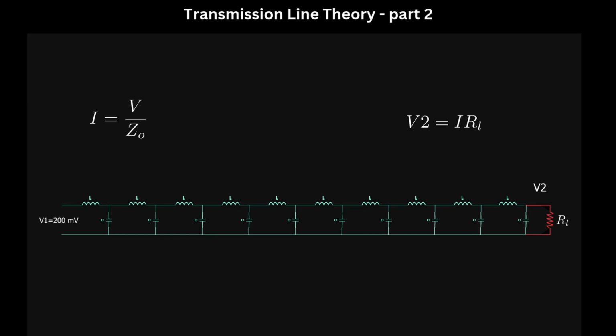Starting from the nearest LC segment to the output load, the current in the inductors and the voltage across the capacitors start settling to I2 and V2, tweaking themselves to that of the load. And this keeps on happening back to all the sections till reaching the input. This is known as reflection.